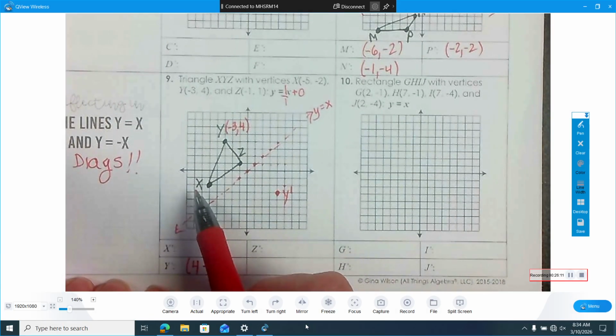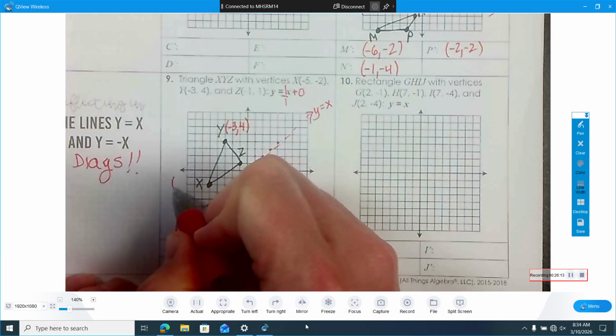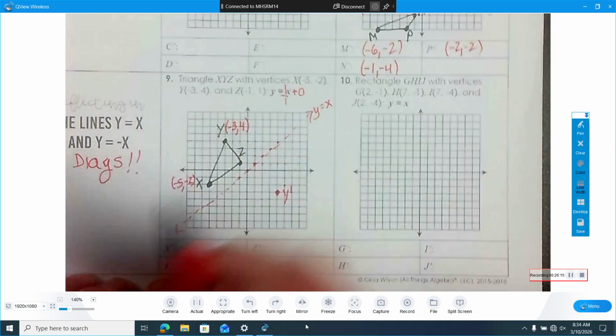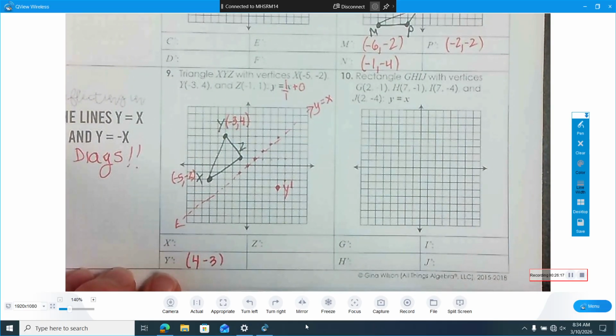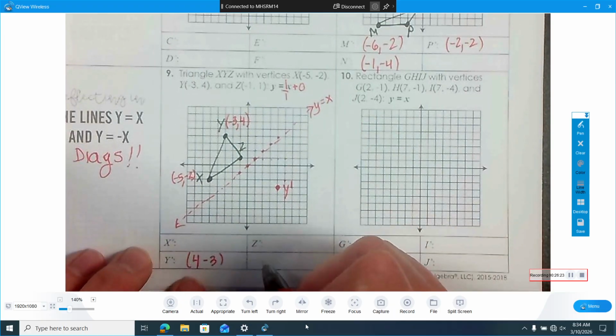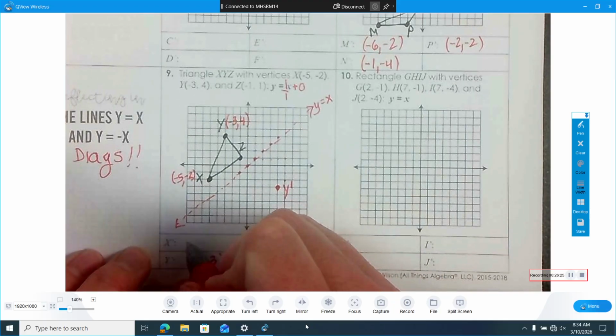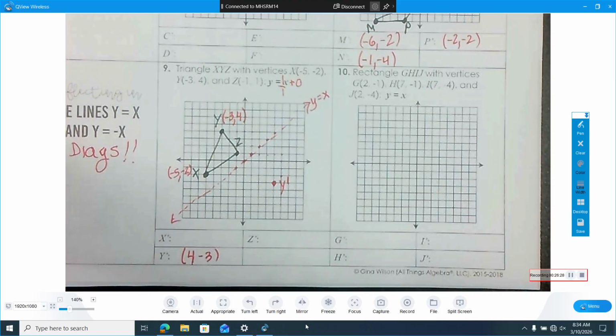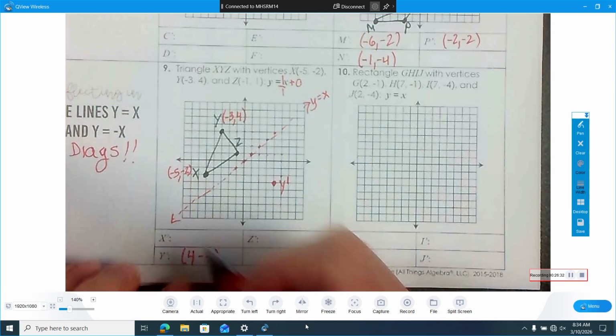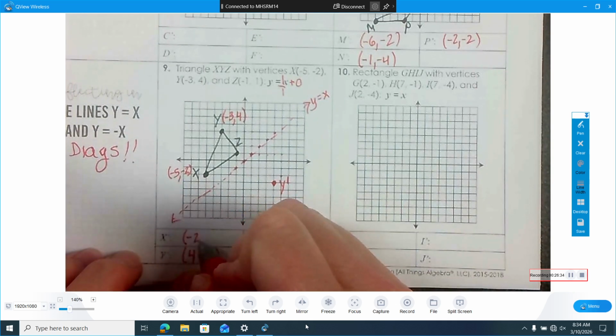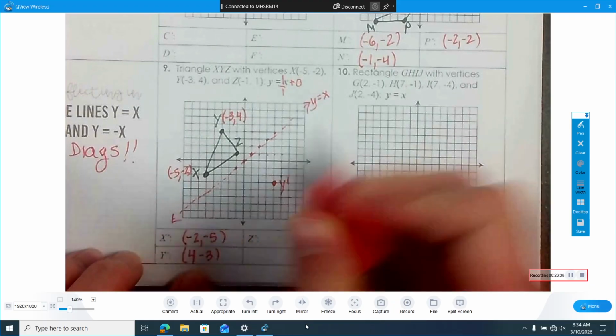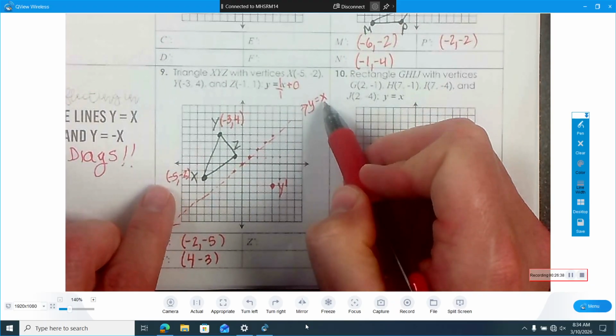So we have our x-coordinate here, which was at negative 5, negative 2. What do you suppose happens to that negative 5, negative 2? Nope. The signs don't change. They trade places. This is all they're doing. So negative 5, negative 2 becomes negative 2, negative 5. The y becomes the x.